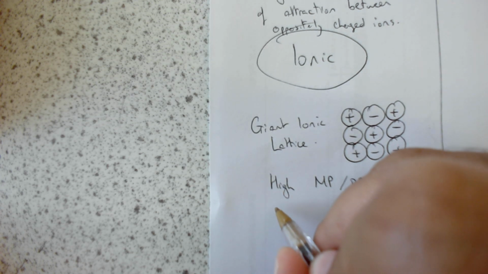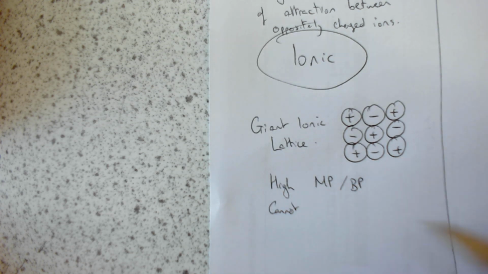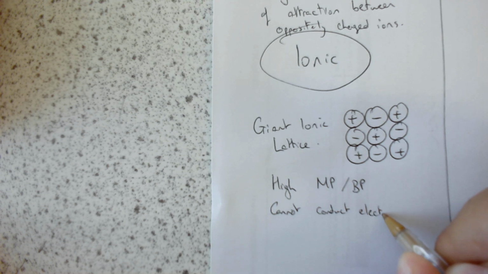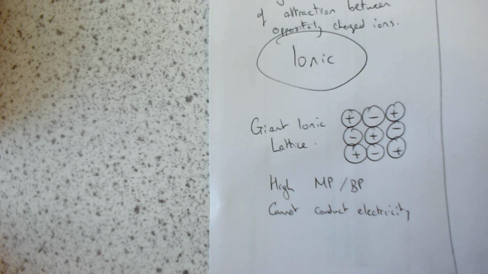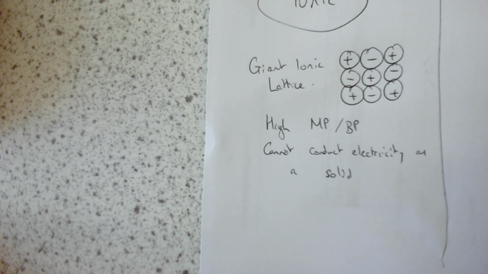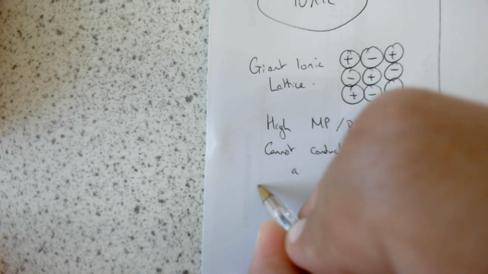And they cannot conduct electricity as a solid. They can, however, conduct when they're molten, which means liquid, or when they're aqueous, and the reason is the ions are free to move.